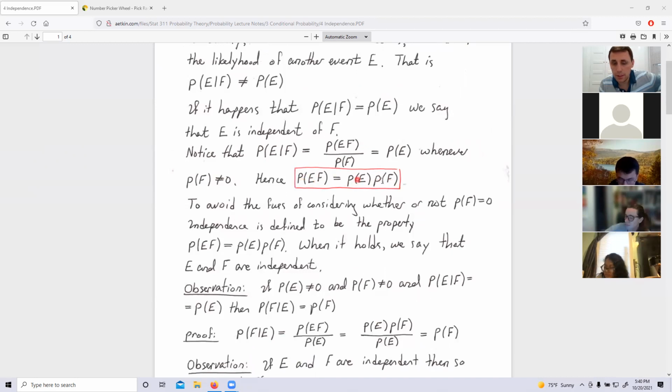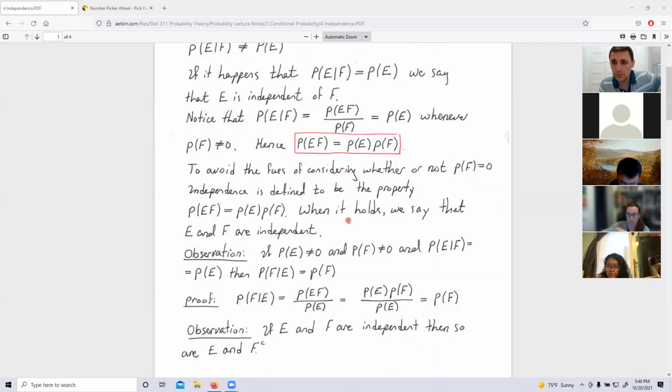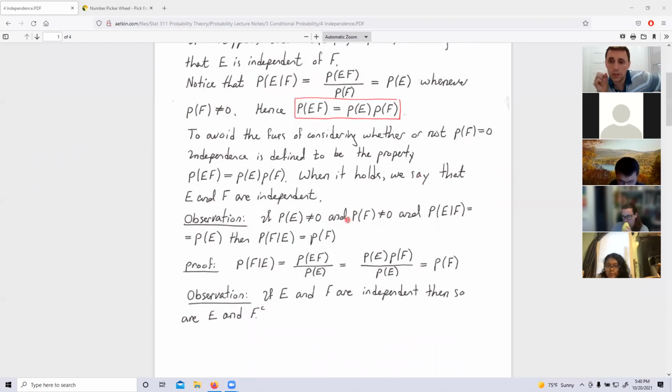We're just measuring probability. We're not measuring whether something can or cannot happen. We're just measuring the frequency with which it happens. And if the probability of F is 0, then the probability of E given F happens to also be 0.